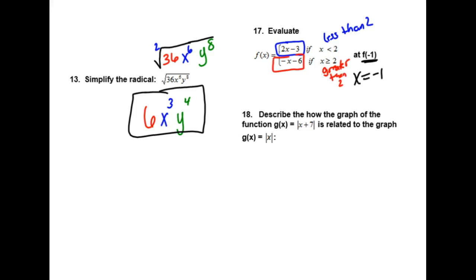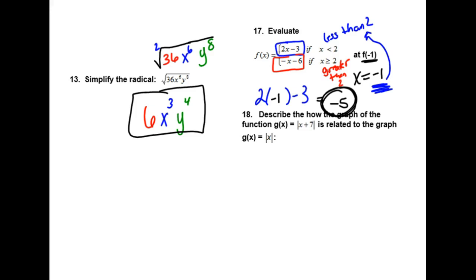So since our x is -1, that falls into this category where it's less than 2. So using your blue function, I need you to plug in x equals -1 and then tell me what answer you get. So that'd be -2 minus 3, which is -5. That is your evaluation for that piecewise function.